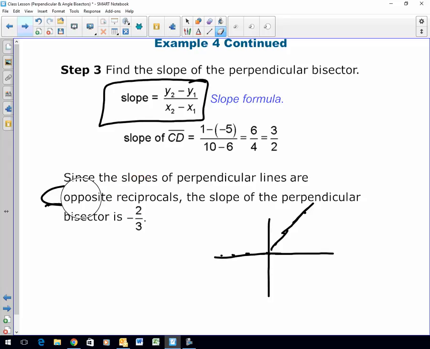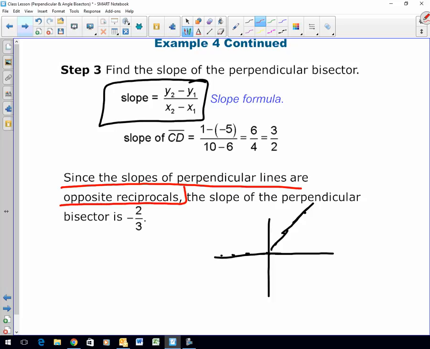So if you want to write this down, do it: the slopes of perpendicular lines are opposite reciprocals. Back to my example. If it was 2 over 1, I would take the reciprocal, which would be 1/2, and make it negative. Negative 1/2.